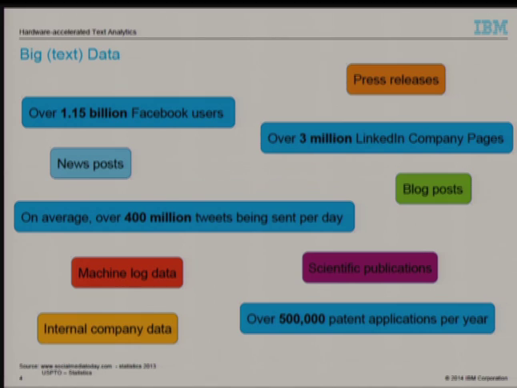So, and there's quite a lot of data that can be searched for when we think of having 400 million tweets every day on average. Marketeers would be very interested to know what you say about their products.